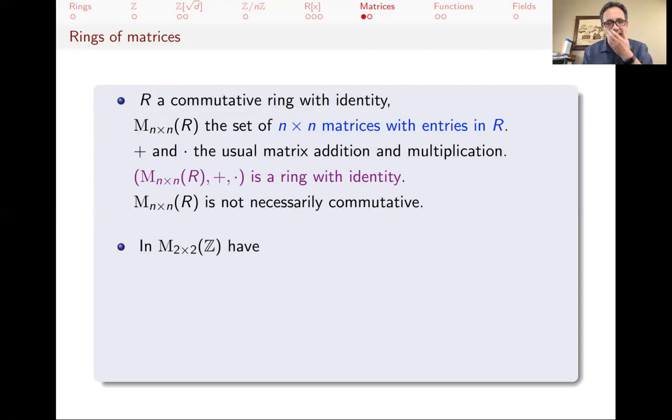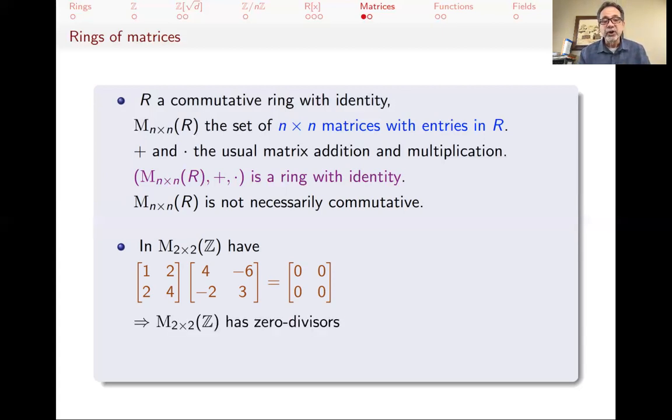If we look at 2 by 2 matrices over the integers, that means you're looking at matrices whose entries are integers only. You might multiply 2 matrices. Look, I've multiplied 2 non-zero matrices and I got 0. This tells me that these two matrices are zero divisors, and in particular, 2 by 2 matrices is not a division ring.